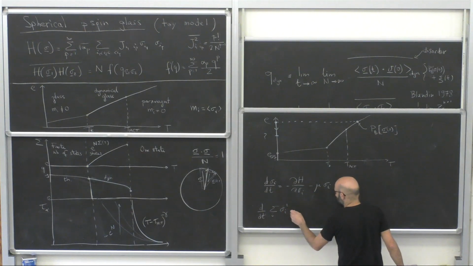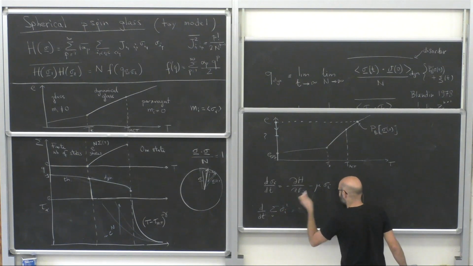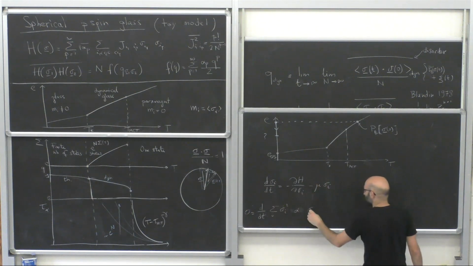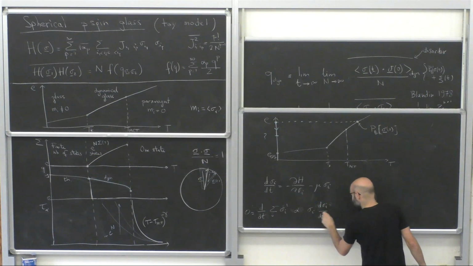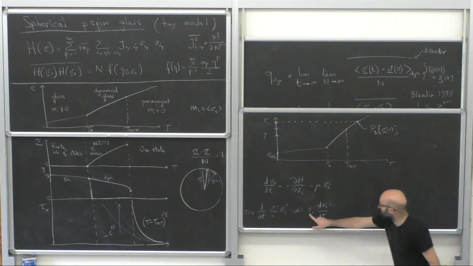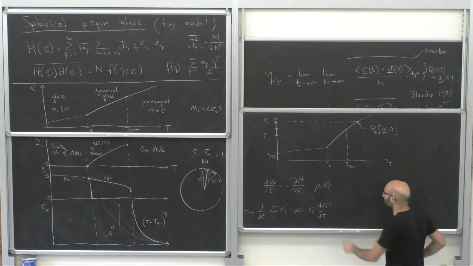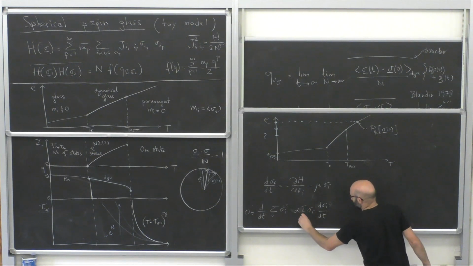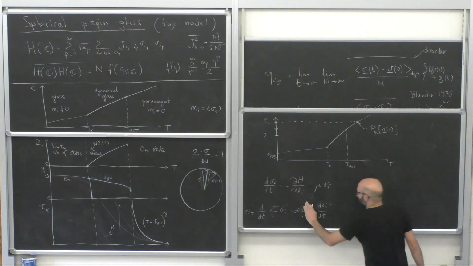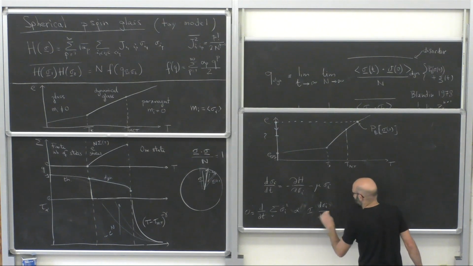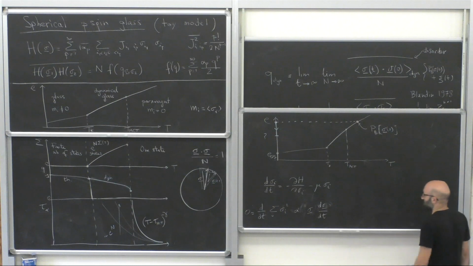This is proportional to the scalar product of sigma with the derivative of sigma. Let's write it in vectorial notation.